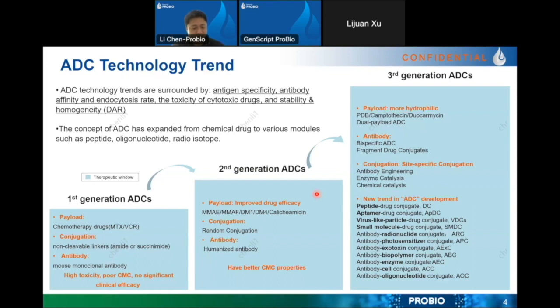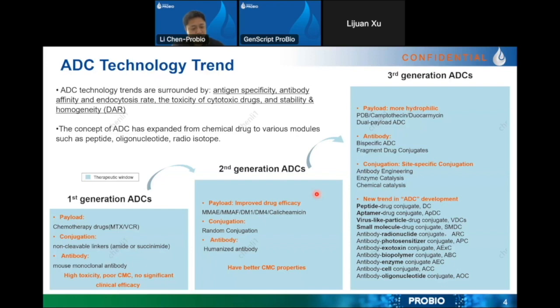To overcome these weaknesses, people improved the toxin payloads in the second generation of ADC, but still relied on random conjugation, which makes it challenging to achieve homogeneity in terms of the DAR, the number of payload molecules on each molecule of antibody.